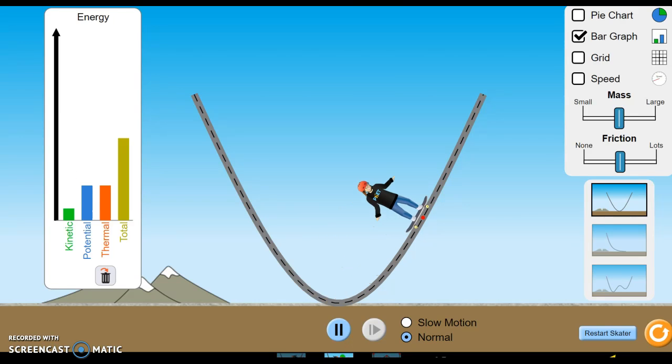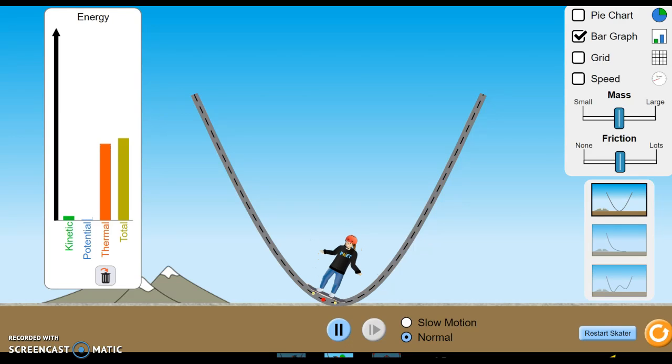Notice as he goes up, the potential energy increases, but the kinetic energy decreases. And for each slide, look what happens to the amount of heat that is generated. The heat is going to rise. Since this represents the total energy, not just the total mechanical energy, the sum of the three remains the same.